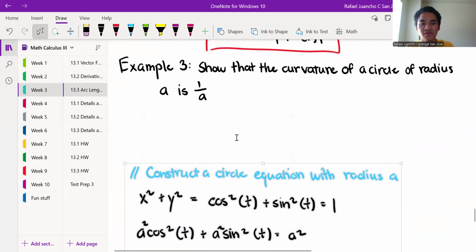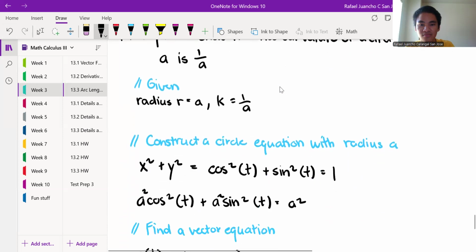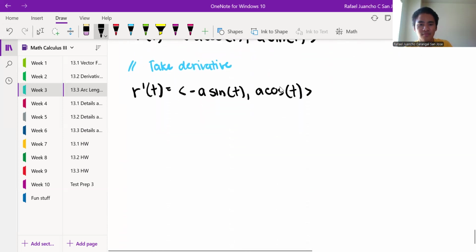So our given in this case is that we have a radius r equal to a, and my curvature, my k, is equal to 1 over a, right?